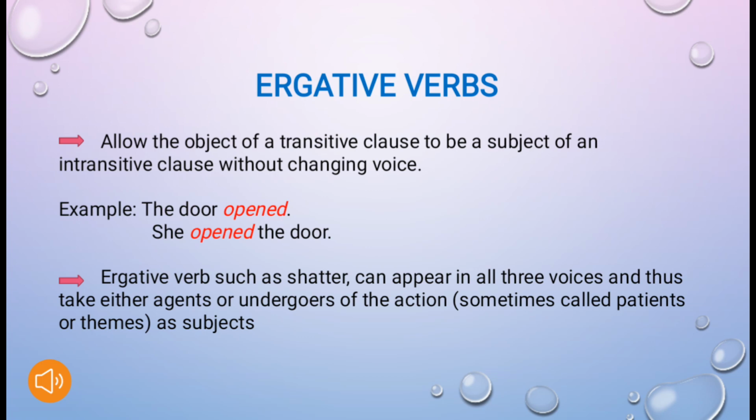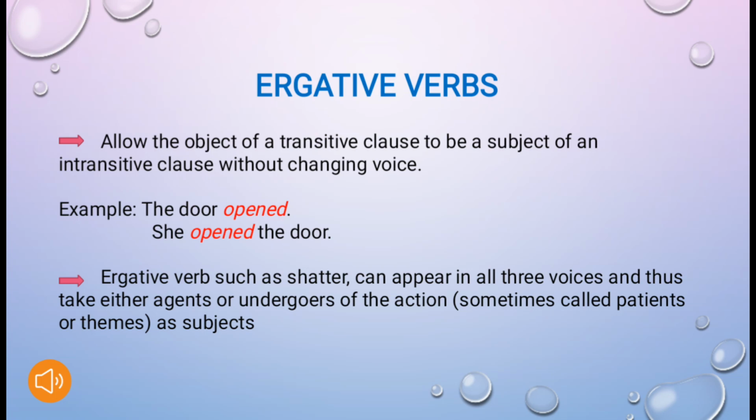As Locke in 1996 puts it, English allows a representation of processes not only in terms of actions. In terms of actions, we refer to the first and second examples.